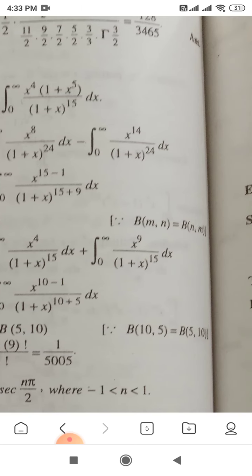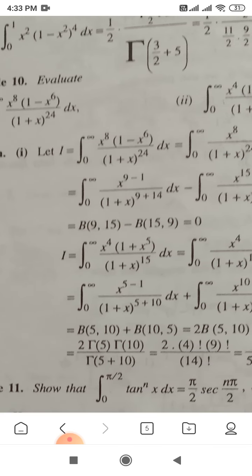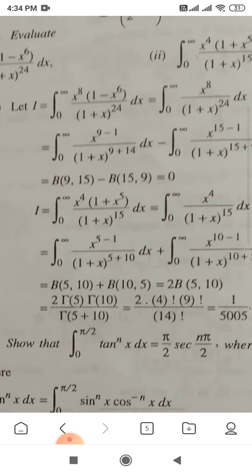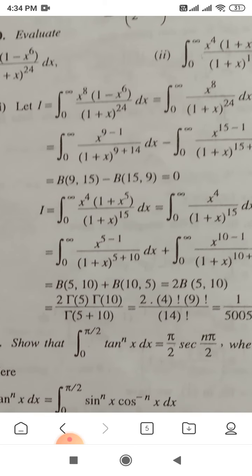Here it is the formula of beta(m, n). If we interchange the values of m and n, it remains unchanged, so beta(m, n) is equal to beta(n, m). Here one value is beta(9, 15) and another is beta(15, 9). If we exchange, both are the same value and the difference will be 0. So the answer is 0.